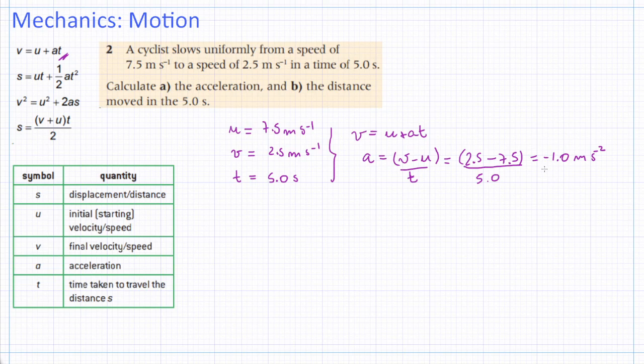Now, let's actually appreciate some important information here. You might ask yourself, why am I putting 1.0? Why am I not just putting negative 1? Well, if you take a look at the numbers that you had in the beginning, all of them were given up to 2 significant figures, and all of them 1 decimal place. So we should try and keep the same number of significant figures. If we just put negative 1, it's implied just 1 significant figure. If you put 1.0, then it's implied that it's 2 significant figures.